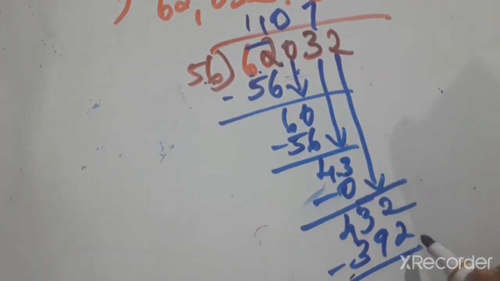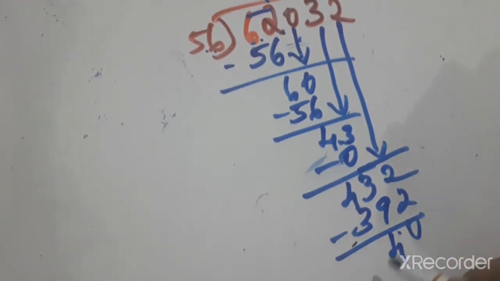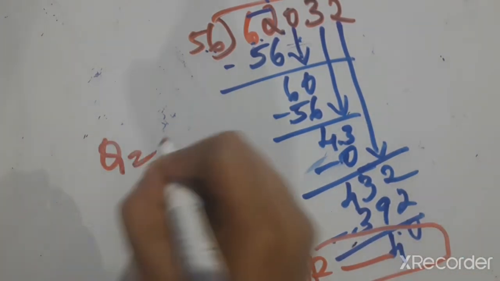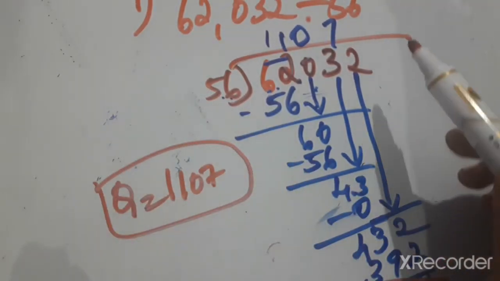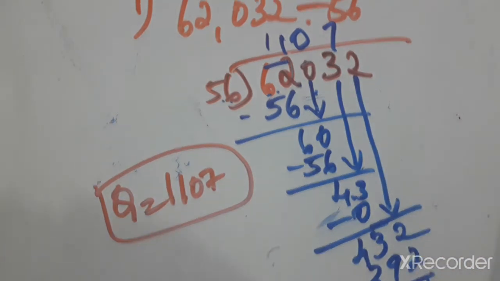So 432 minus 392 leaves 40 as the remainder. So in this question, the remainder is 40 and the quotient is 1107. The answer is 1107.